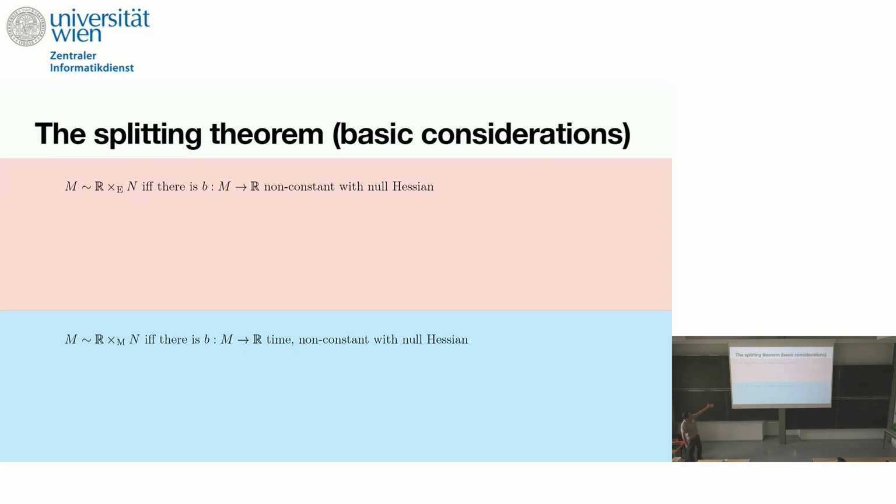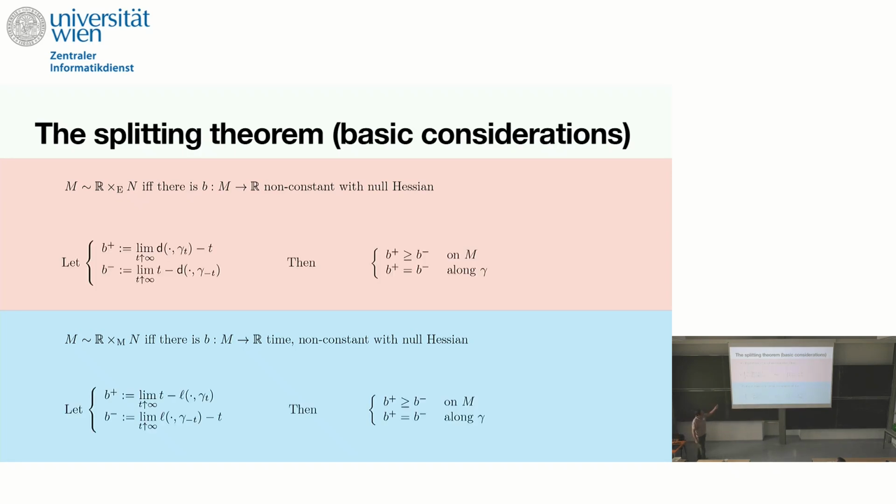That is the Riemannian case. In the Lorentzian case, it is the same, except that, given that there is some time consideration to take into account, this non-constant function with null Hessian should also be a time function. It should be increasing. Now, whenever you have a line, you can always define the so-called Busemann functions, which are a kind of distance from the point at infinity, above or below along these lines.